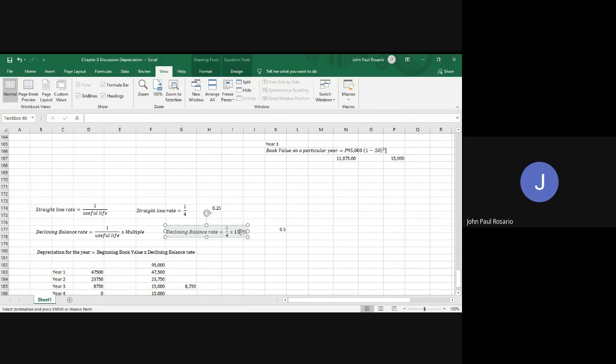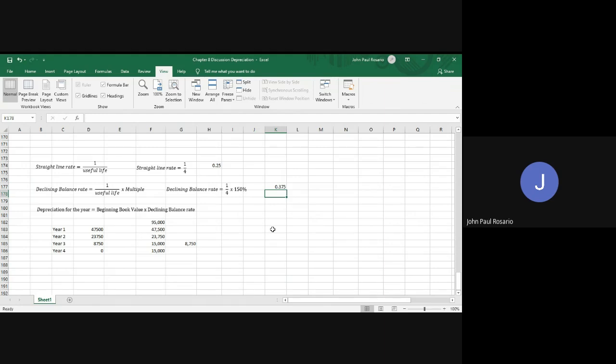So we'll get 1/4 times 1.5, which is 37.5%. Plus 0.25 times 150%, so 37.5%. So with that, our depreciation for the year is again 37.5%.